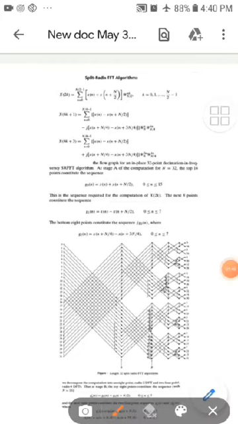X of 2k equals the summation n equals 0 to N by 2 minus 1 of x of n plus x of n plus N by 2, into W N by 2 to the power nk. Here the k values range from 0, 1, and so on, to N by 2 minus 1.